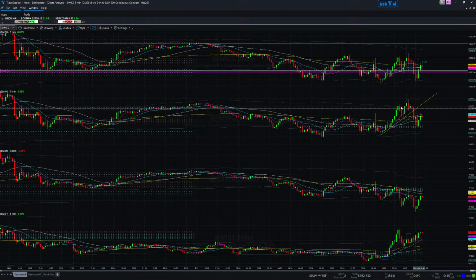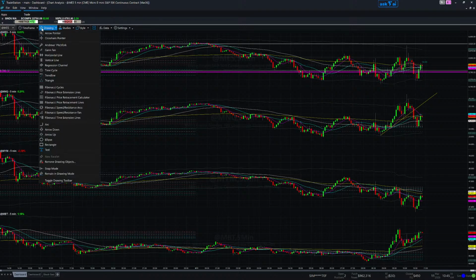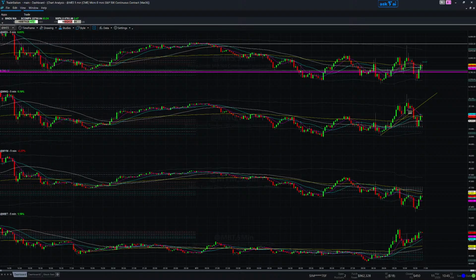So if you're looking at my screen, there's like a little micro zone there, which is the origin of this breakdown. And it's coming back in there.